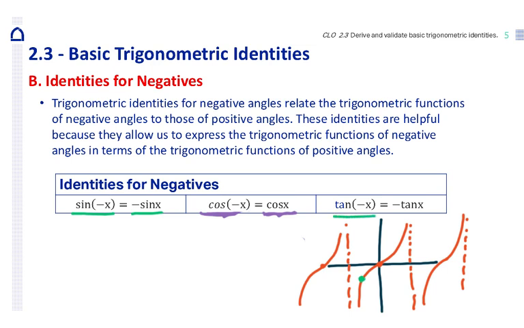It says the tan of a negative angle, so the output of tangent when you have a negative angle, is related to the output of that same positive angle in the sense that you have to make it negative. This is what we call an odd function, similar to the sine, but that is the identity that we need to remember. The tan of a negative angle is negative the tan of that corresponding positive angle.